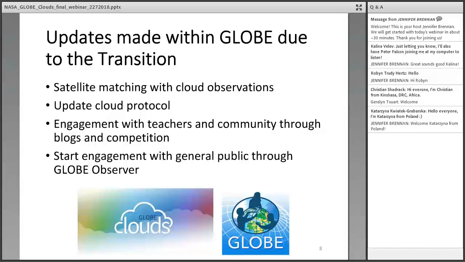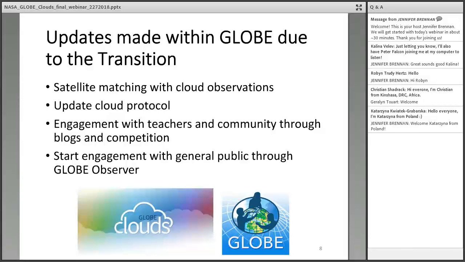During the transition, one of the things that this team here at NASA Langley was able to update within GLOBE was the satellite matching. This is one of the biggest things that this team brought into GLOBE. Really what we do is when you go outside and do a cloud observation, we look at when a satellite passed overhead at more or less the same time, and then send you those satellite images.